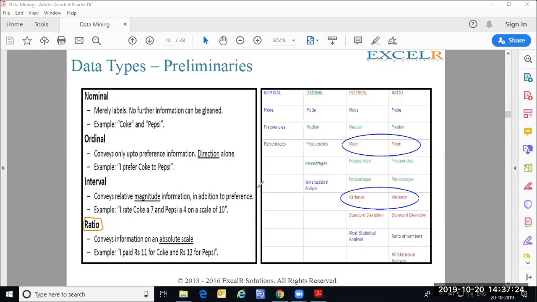Within a particular variable, if the measurements are taken on a globally accepted scale, would I not be able to compare between the rows of the same variable? Would it be possible or not? Now I capture the heights of all the students.